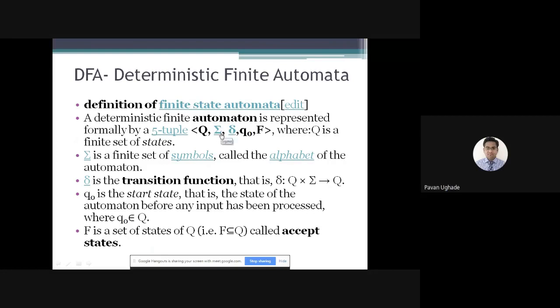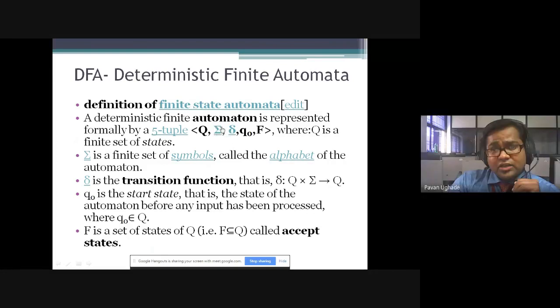Over the alphabet we do the transition, moving from one state to another state. Next, delta is our transition function, which is applied over the transition. You know there will be a transition, so the function is nothing but a set of rules which has to be applied to perform the transition.